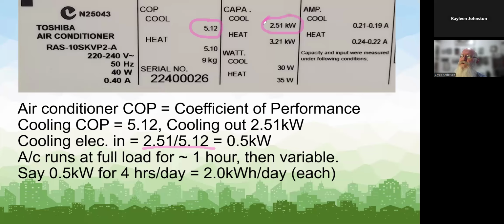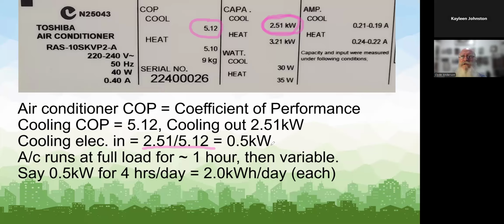We're getting 2.51 cooling, and we're using a lot less electricity to achieve that. So this is quite a high efficiency air conditioning unit. I think it was a 5-star unit when we bought it. And this gives us a number of 0.5 kilowatts when it's running at full load.